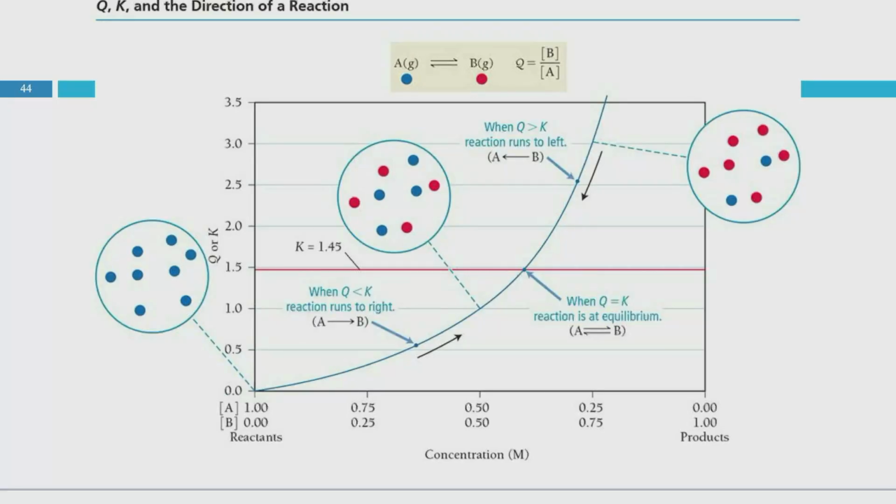If we are below or to the left of where these lines intersect, then the reaction is going to continue to run up this curve. If we're past it, it's going to run down the curve. So wherever we are on this Q curve, it's going to move towards, over time, that K value.